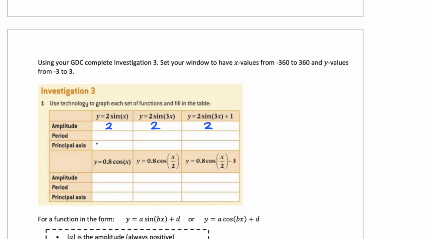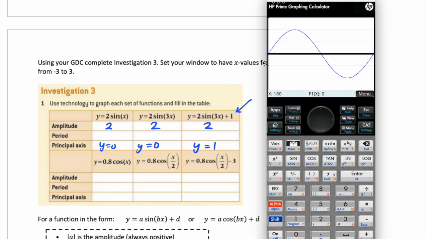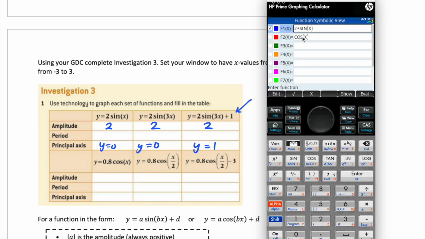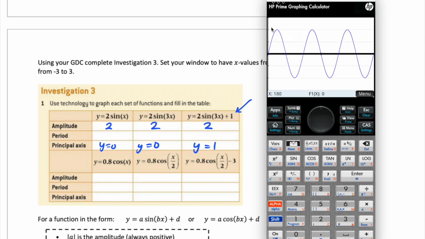Now for the principal axis, it always goes through y equals 0, unless you have a vertical translation up 1 unit like in this one. So this is y equals 1. And let's see what happens when we have 3x. So let's stick a 3 in there. Okay, and plot. So you get, yeah, the period is much smaller now, right?